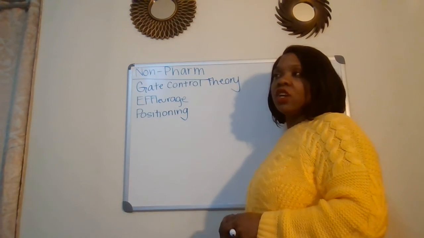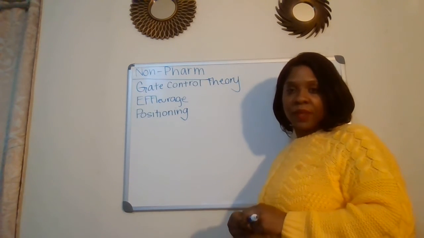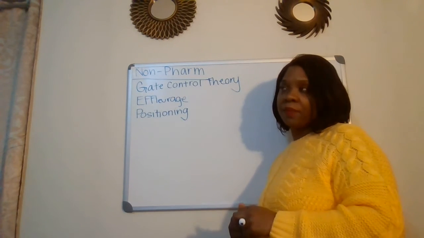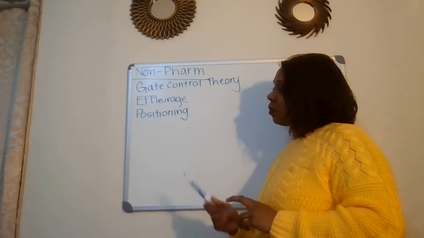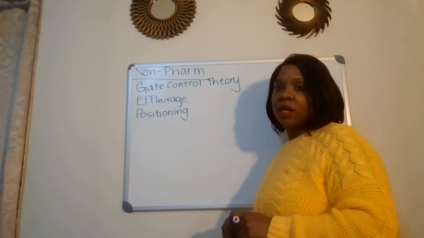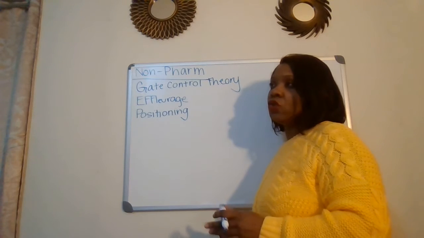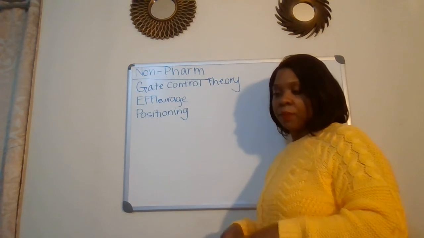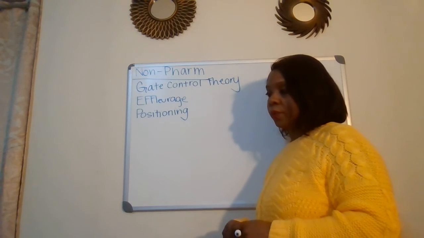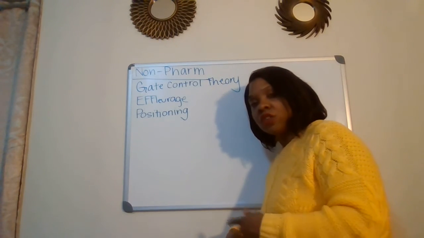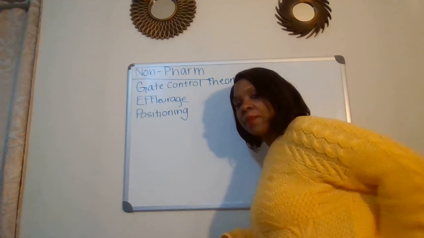During the early stage of labor, preferably the latent stage, is the best time to teach a mom. Positioning is a key thing. You can get her on a ball, a peanut ball. You can get her on all fours, or have her arched over something to relieve back pain.